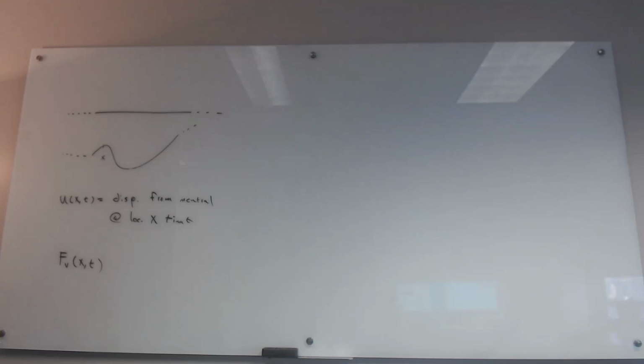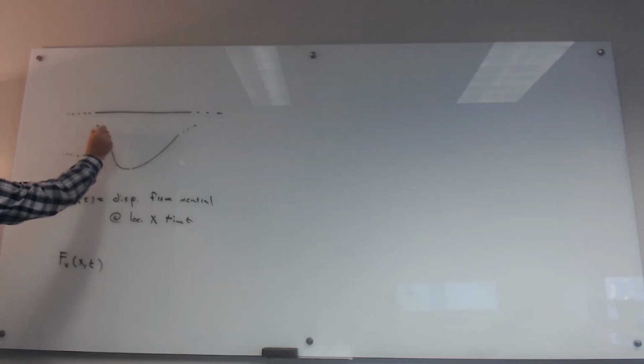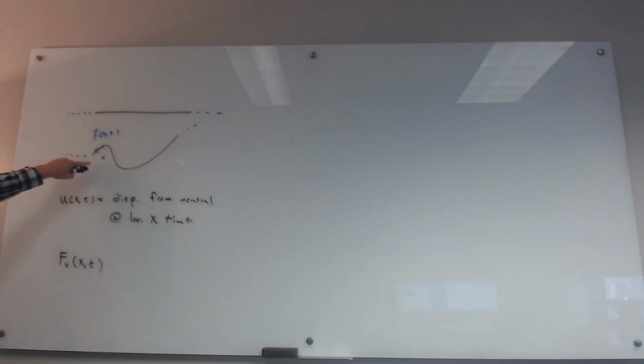The force vector f, so not f sub v, but f, is going to be the force at location x from the left-hand part of the string. So f is going to be the force vector at location x at time t of the left-hand part of the string acting at the location x here.